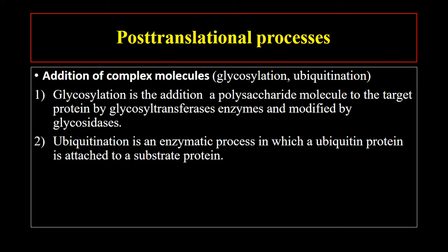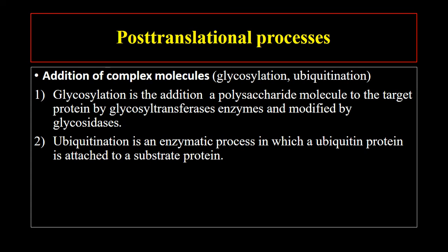Post-translational modification can incorporate more complex large molecules into the folded protein structure. One common example of this is glycosylation, the addition of a polysaccharide molecule, which is widely considered to be the most common post-translational modification.